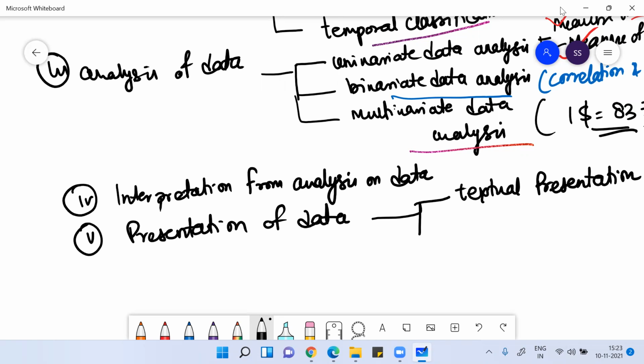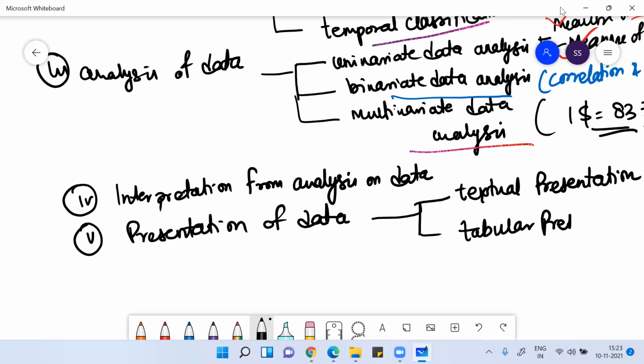I can do a textual presentation of the match summary and write an article about what happened in the match. That is one way I can present my analysis of how the match was. Or, apart from textual presentation, I can do tabular presentation.